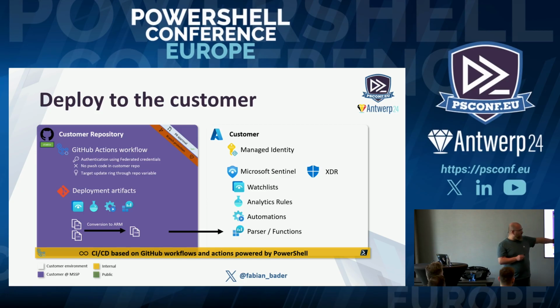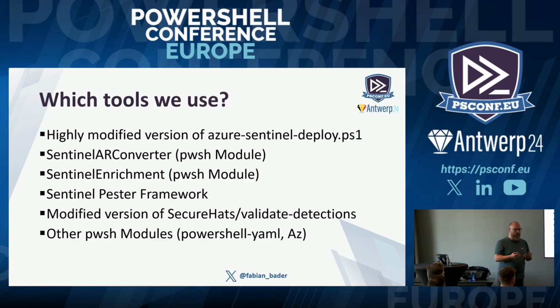So we have our artifacts in here. We know how to deploy them over, but how do we do all this conversion? For that, we use tools that are already out there, sometimes a bit modified. So Microsoft itself, for this GitHub integration, will deploy a GitHub workspace, a GitHub repo, and there's an Azure Sentinel deploy PS1 in there.